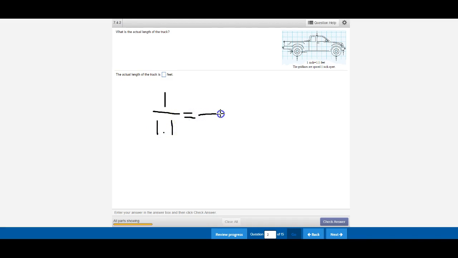And since I'm solving for the actual length of the truck, my x goes across from the 1.1 and my 13 goes across from my 1 because that is my model. I'm going to multiply these two numbers, 1.1 and 13, and then I'm going to divide by 1.